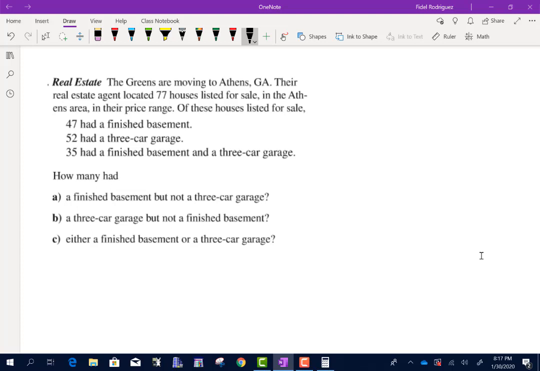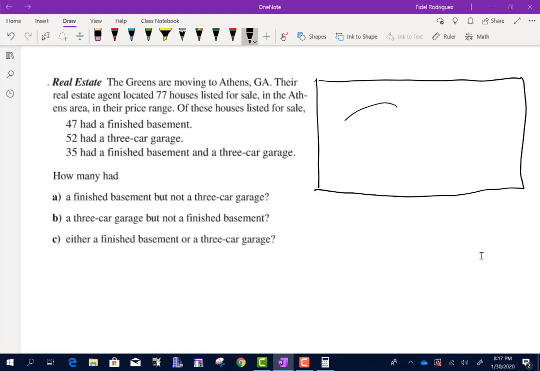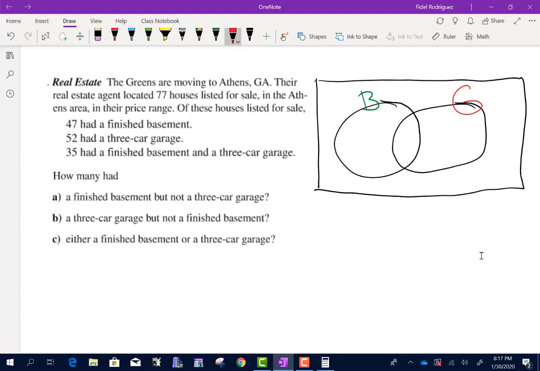Okay, so first thing I'm going to do, just like we did earlier, I'm going to draw my Venn diagram. Okay, here's my first circle. Here's my second circle. Okay, and how about if we call this one the one for the basement, and we call this one G for the garage.